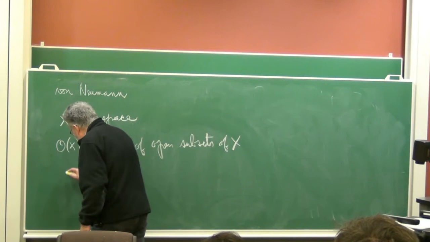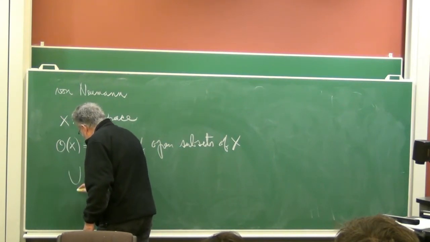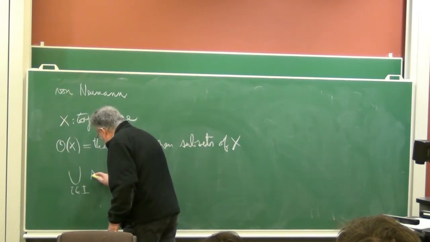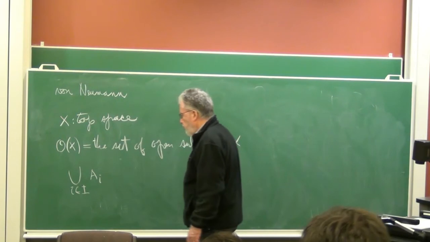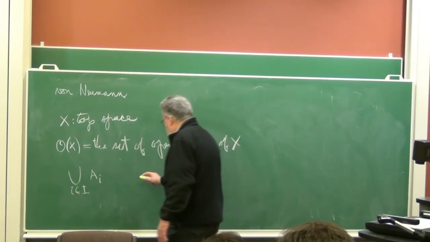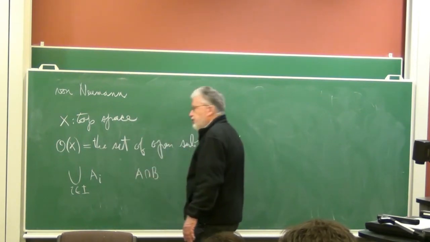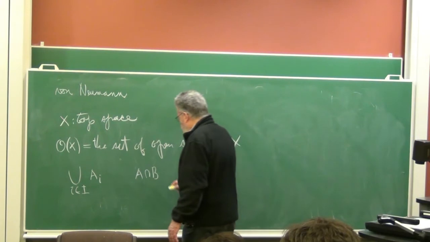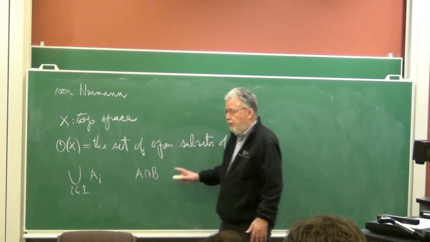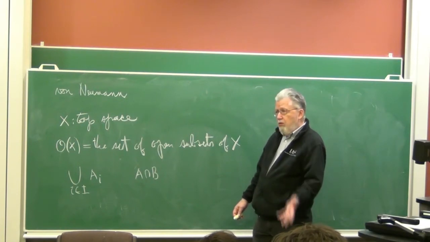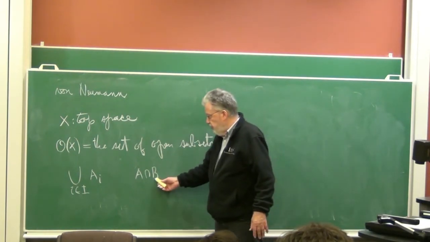So OX has unions. You can take the union of open subsets, let's say A_i, an arbitrary union; it is closed under union. And you can take a finite intersection. The intersection of two opens is open. So there are essentially two basic operations on the set of open subsets of X, union and finite intersection.